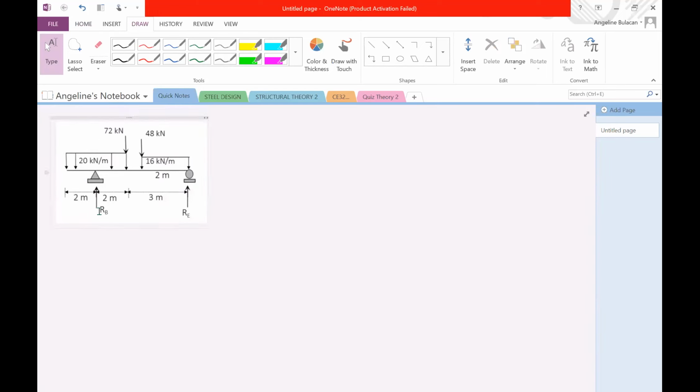So, tulad ng sabi ko, dun sa mga point na may changes, dapat nagre-reflect yun sa shear diagram. So, gawa muna tayo ng shear diagram ito. Yan. Tara tayo ng line. This point. So, dapat kasi nagre-reflect siya sa shear diagram.